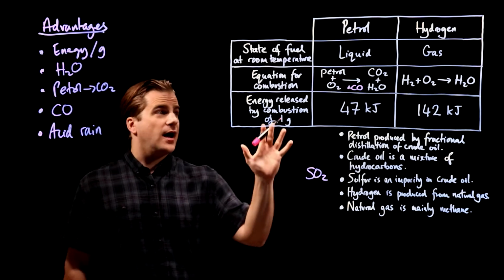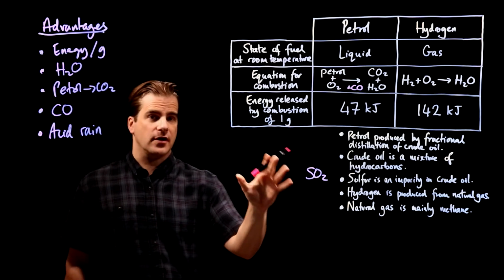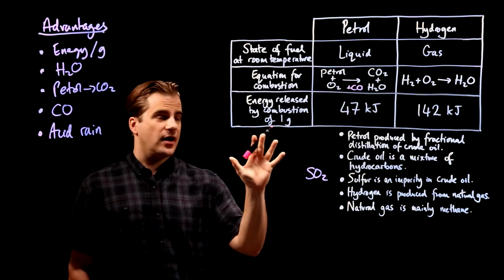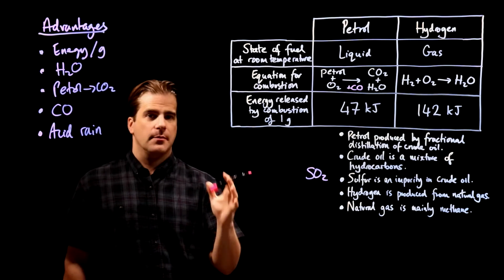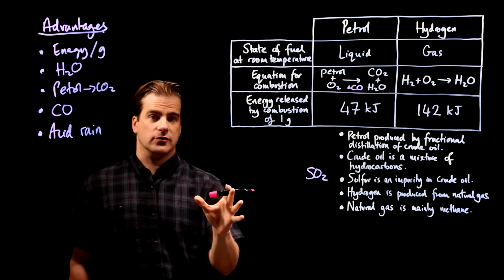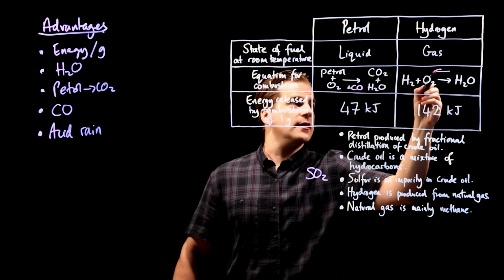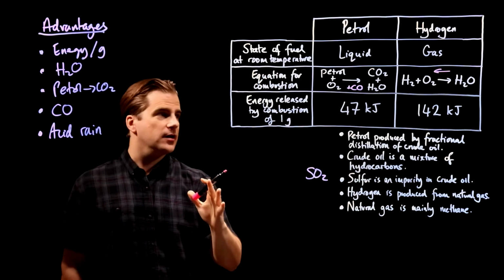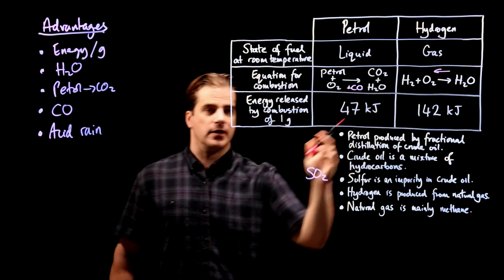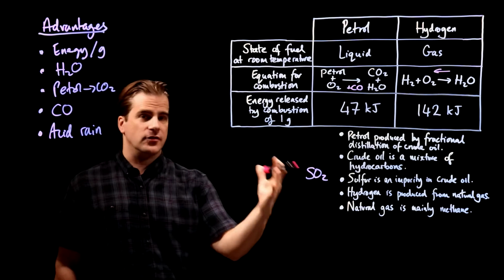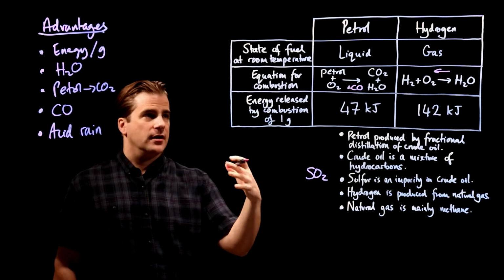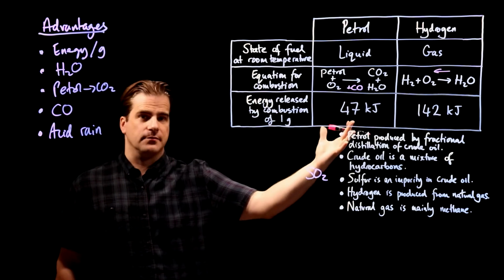However, hydrogen can be produced in other ways. You can produce hydrogen, for example, by the electrolysis of water, effectively going backwards, going the opposite direction here. You split water into hydrogen and oxygen, and the energy to do that can come from solar panels, so ultimately the sun.